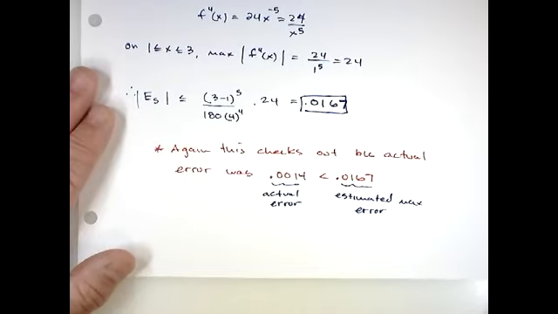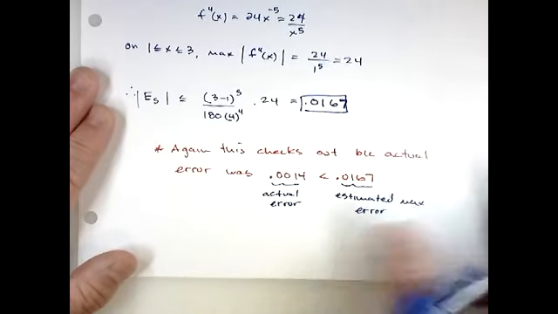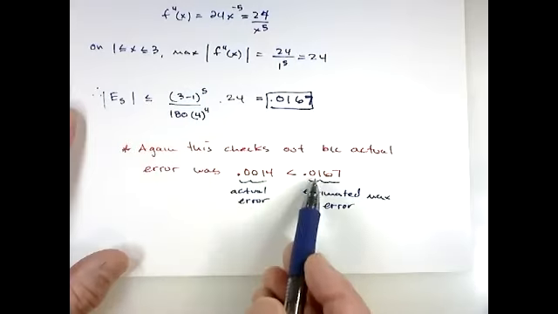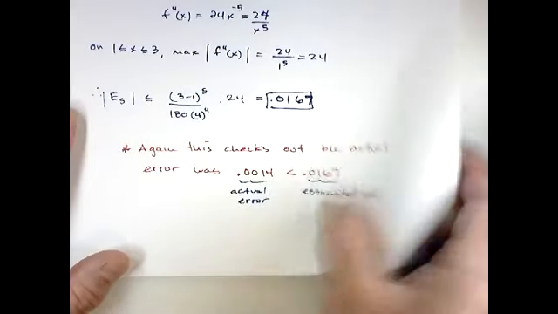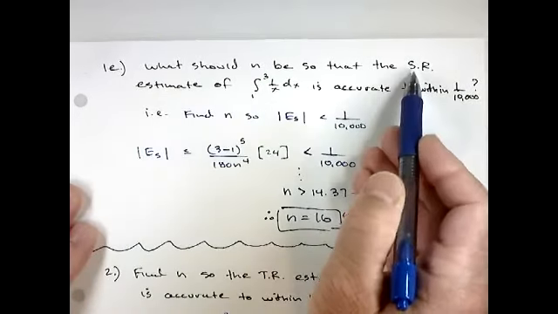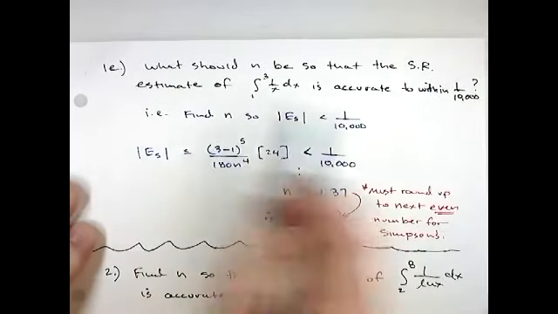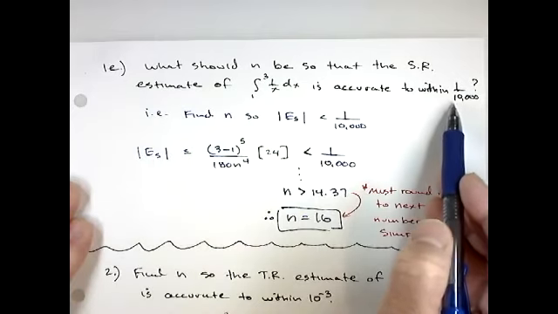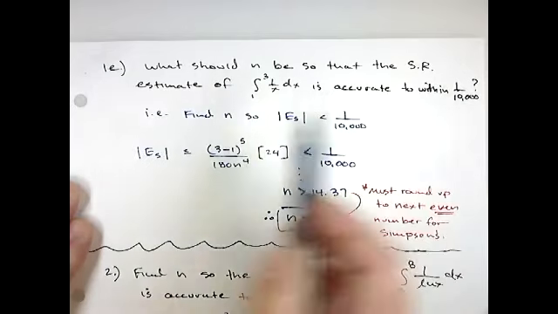Now, one thing you can do with this error bound formula: what if we were estimating this integral and that was not good enough? What if we wanted it to be even more accurate than either of these? What if we wanted to use Simpson's rule, SR, shorthand, and we wanted to estimate this integral so that it was accurate to within 1 over 10,000, really accurate?